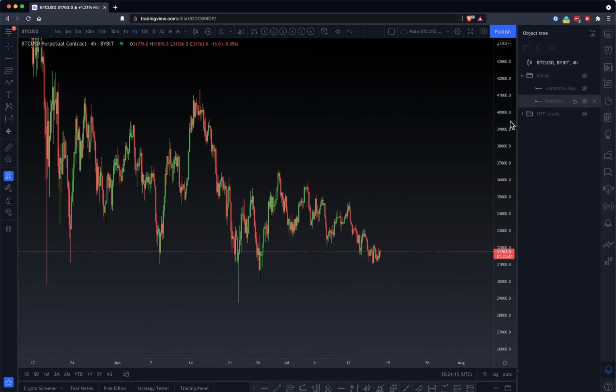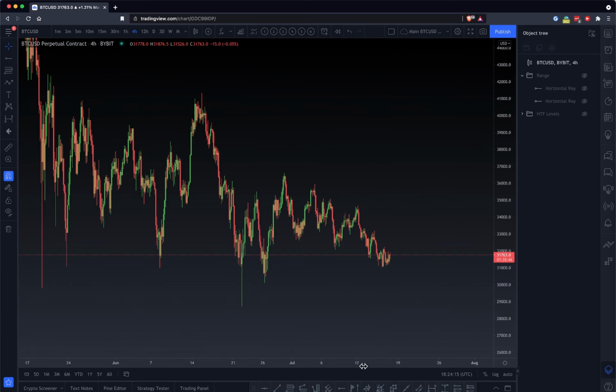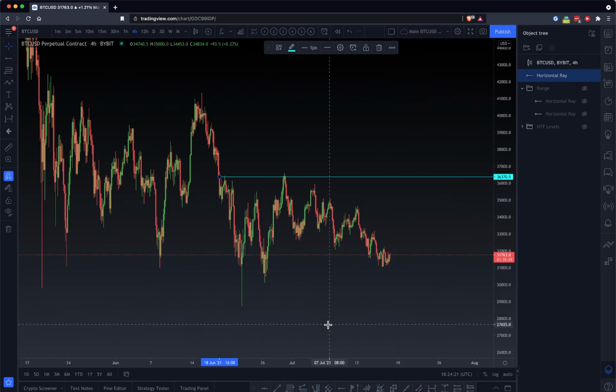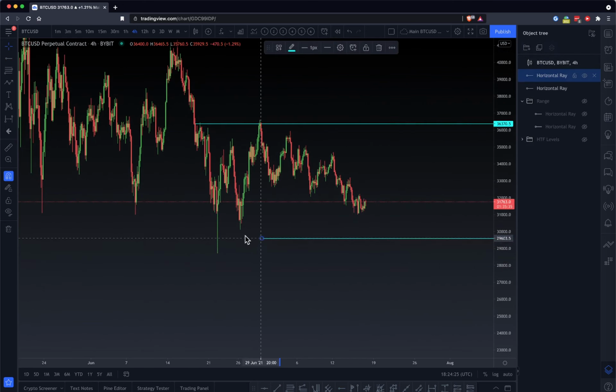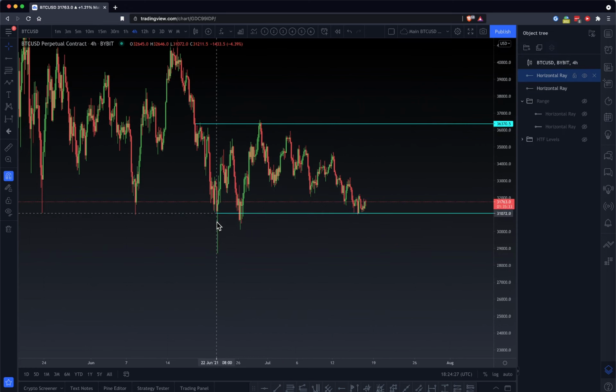Okay, so this range was a range, and then we have another range into this range. You can say it's around here.